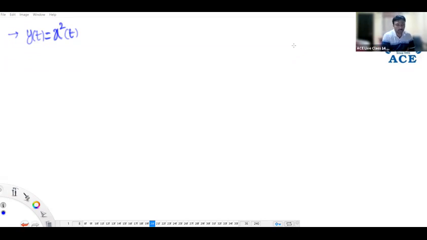Answer is stable. If you apply u(t) as input, output becomes the square of the step function; 1 whole square is one, the step function itself.